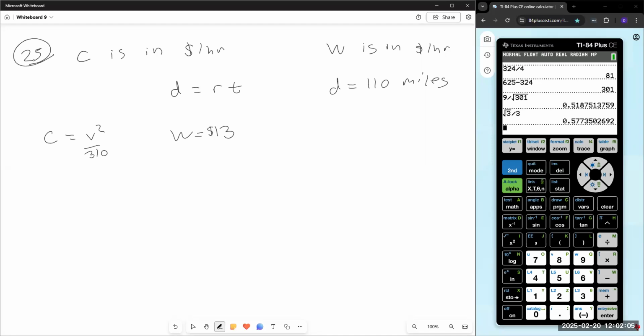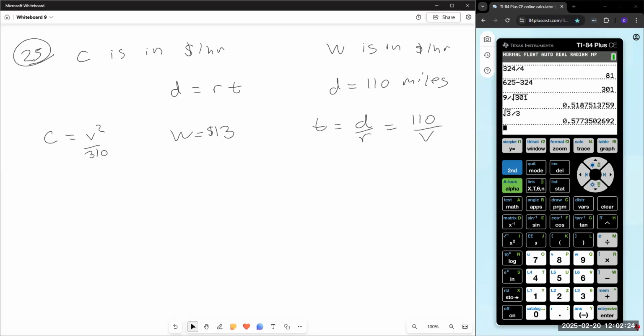So let's find our time in hours. That's going to be D over R, which is going to be 110 miles divided by our speed, which is going to be V.